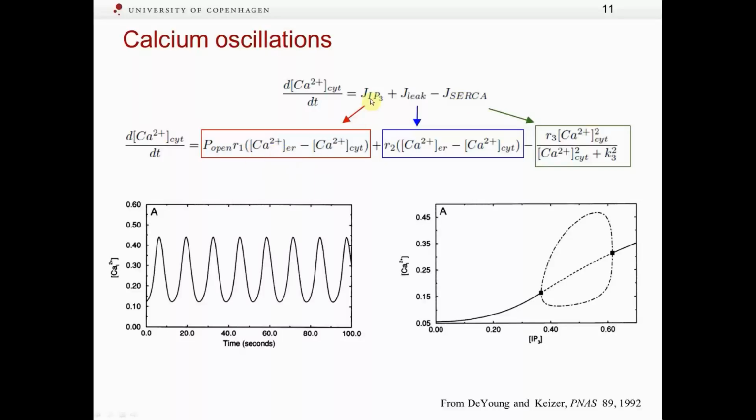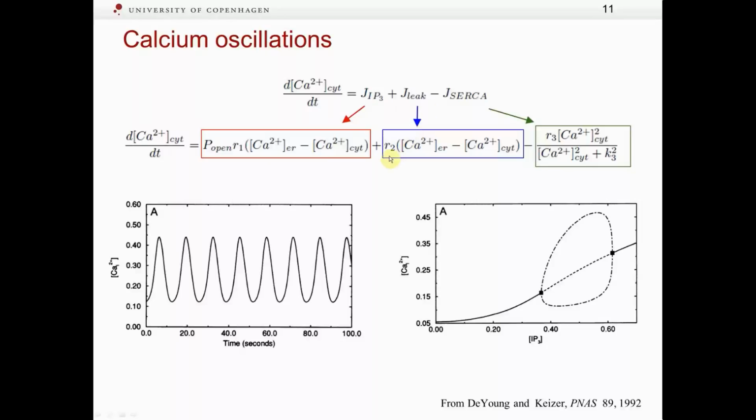So the release of calcium through the IP3 receptor channel depends on this opening probability we just described with the de Jong-Kaiser model, a certain rate constant, and then the concentration difference between the SR or ER and the cytoplasm.